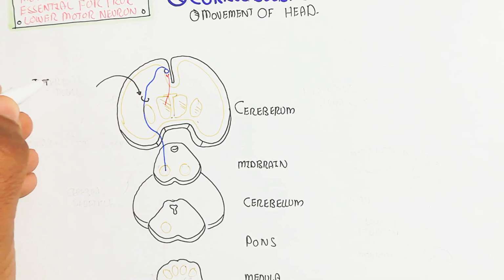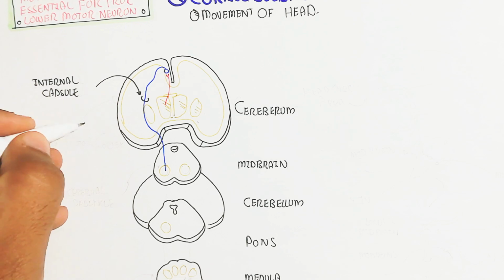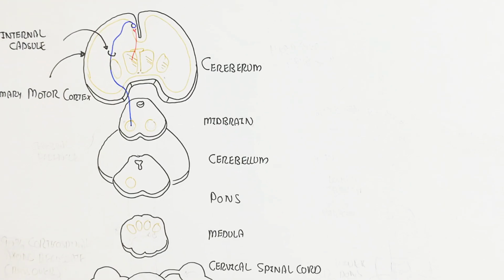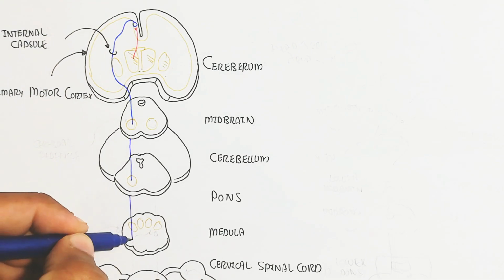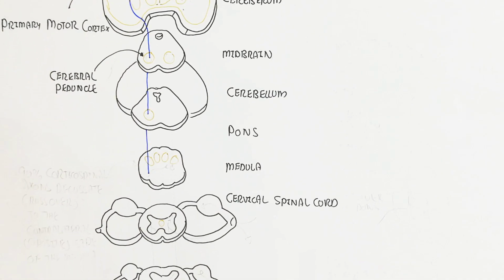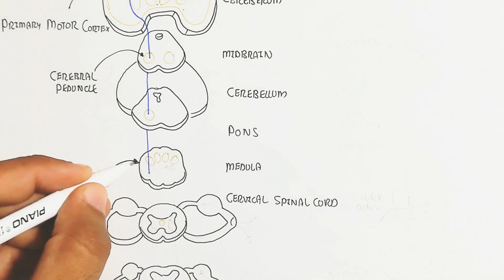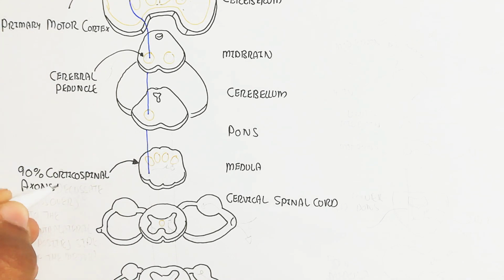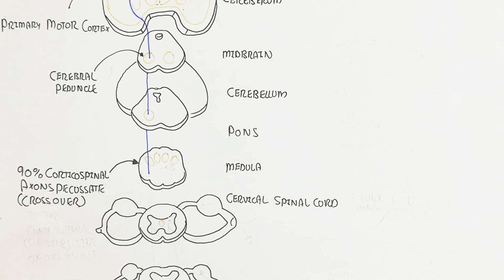Remember, the axon that travels from it is the upper motor neuron, and in this way the upper motor neuron travels down toward the midbrain and the cerebral peduncle, which is involved for the anterior corticospinal tract.